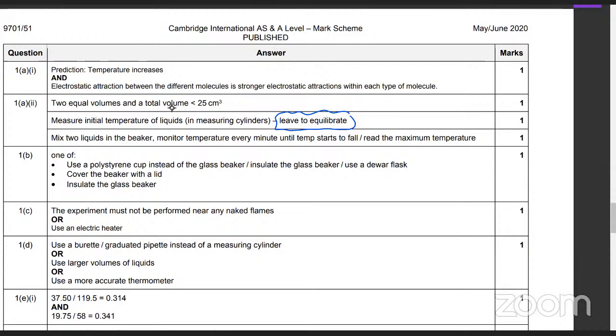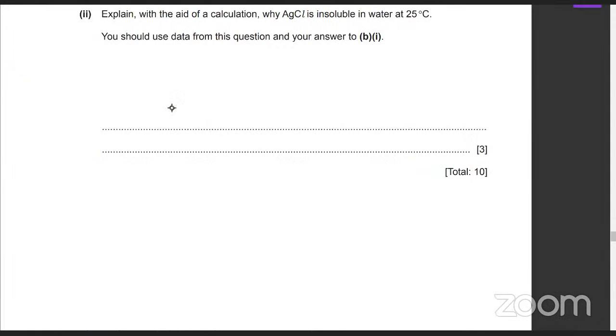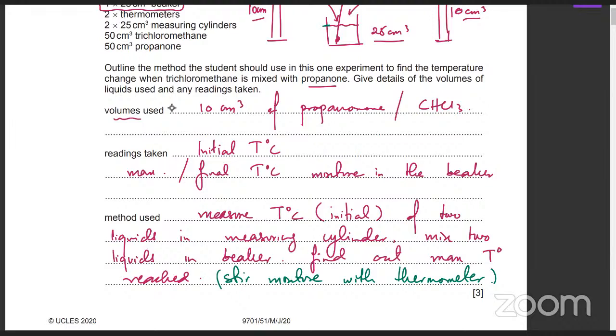Remember, in any experiment, this is an important point, and that point is missing: you have to ensure that your starting temperature is constant and not varying. So you have to measure it for a certain while, like 1 minute, and see whether there's any change happening. If not, then you're fine. Then that's your initial temperature.